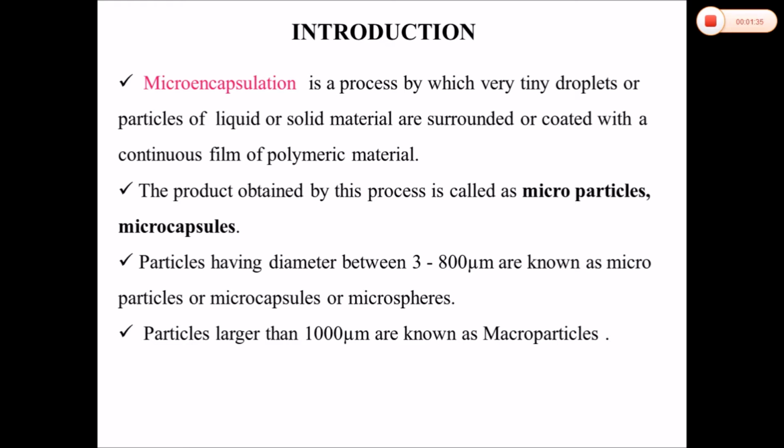Why is it so? Because of their size. Particles having diameters between 3 and 800 microns are known as microparticles, microspheres or microcapsules, and particles larger than 1000 microns are known as macroparticles. As I have already discussed, microencapsulation is differentiated from macro coating techniques, because in macro coating the particle size ranges from 1000 to 5000 microns, but developments have taken place.